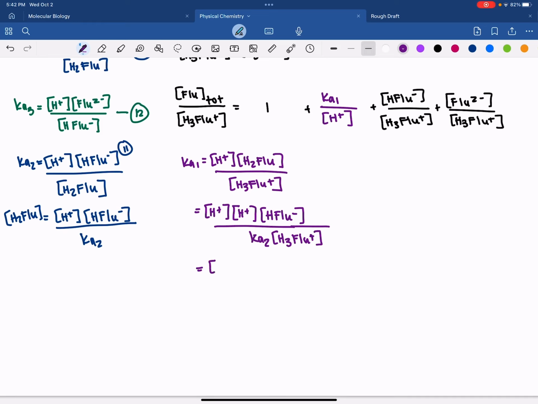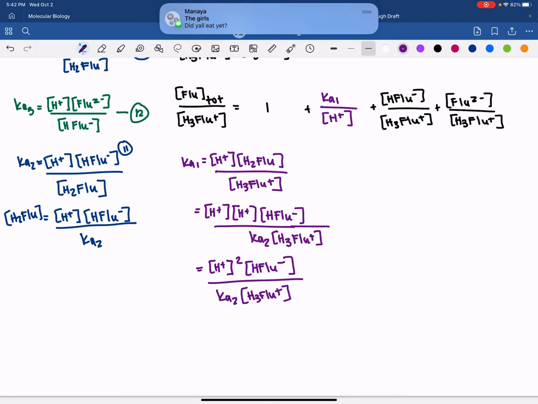So I'm just going to simplify H plus square times H flu negative over Ka2 times the concentration of H3 flu plus, which is equal to Ka1. Remember, Ka1.